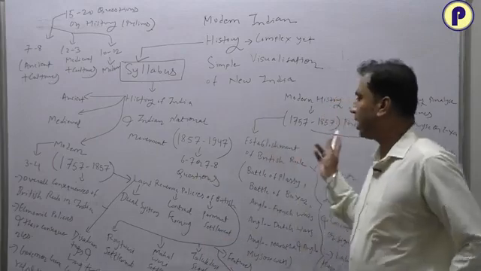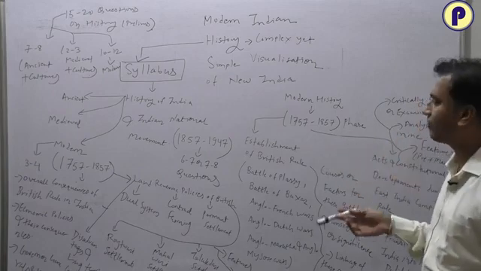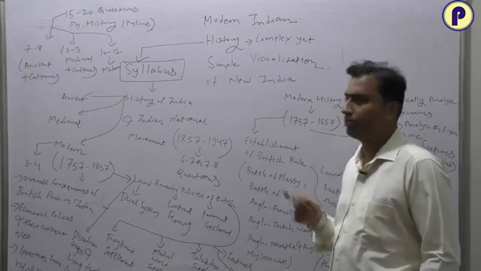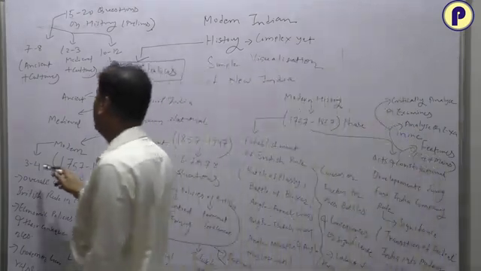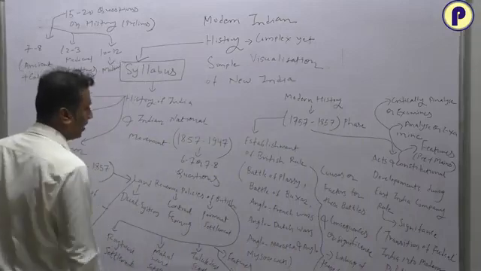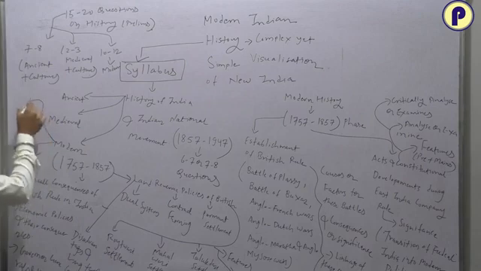So all the topics I have mentioned in this 1757 to 1857 phase are very, very important to us, both in prelims and mains, despite the fact that we are going to witness only 3 or 4 questions in prelims, and in the mains 15 to 20 marks questions.